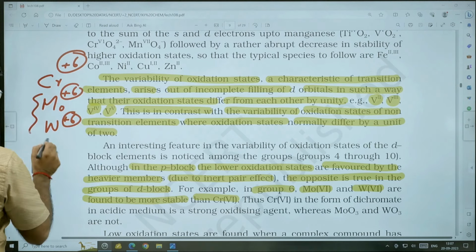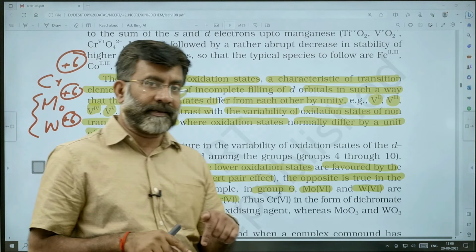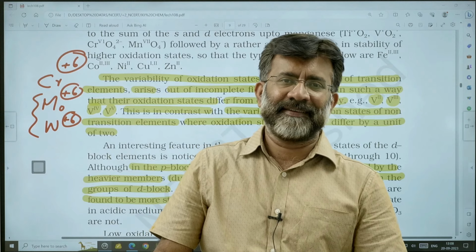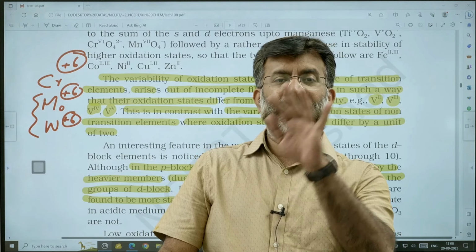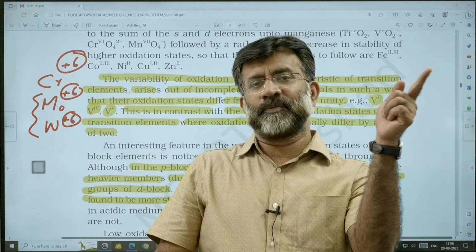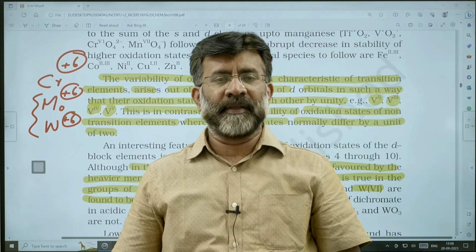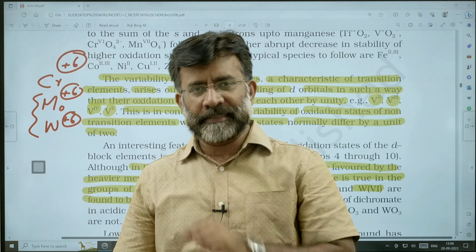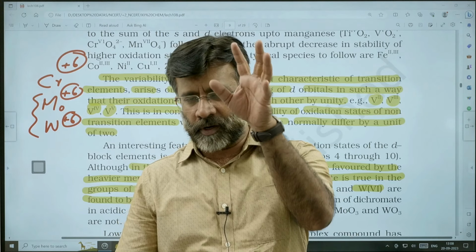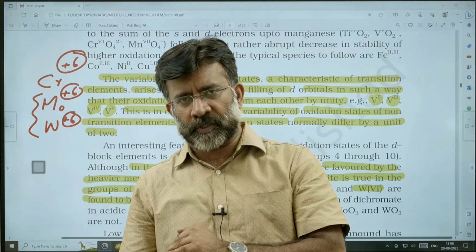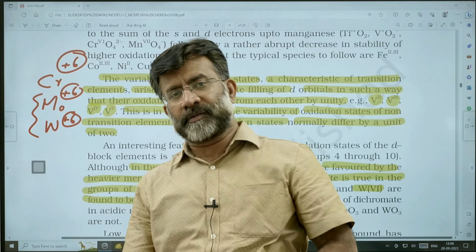For tungsten and molybdenum, +6 state is more stable than chromium. It is not this way in the main group elements. In main group elements, for heavy members, lower oxidation state is stable. But here, the heavy members, molybdenum and tungsten, are stable at a higher oxidation state.